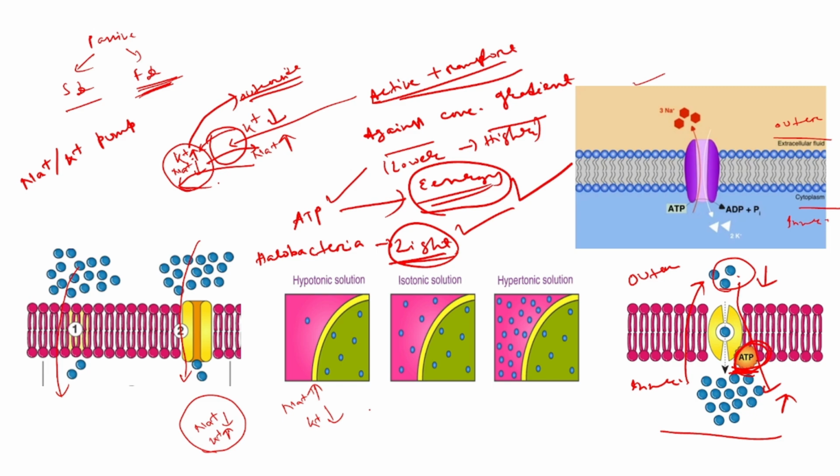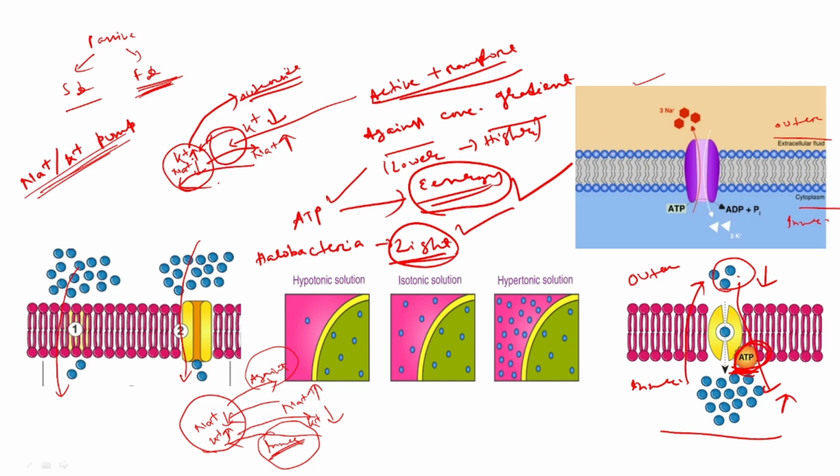So in the passive transport, potassium can easily pass from the inner to outer, and the sodium can easily pass from the outer to the inside. But if sodium wants to go from inner to outer, or the potassium from the outer to inner, this type of transport is called active transport, and it is carried out by the sodium potassium pump.